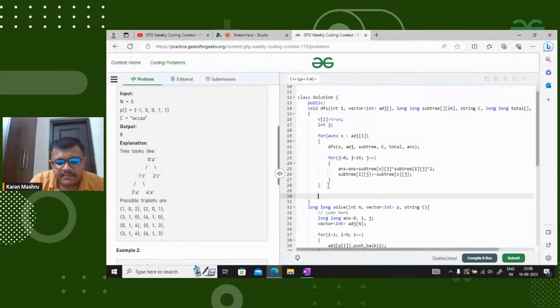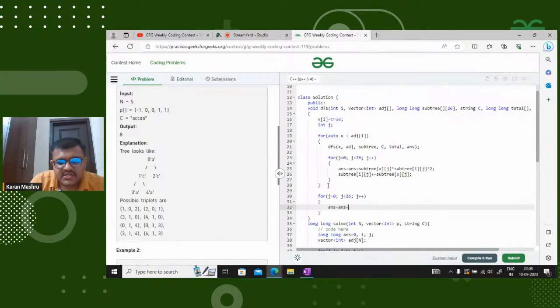So I can say for j equals to 0, j is less than 26, j plus plus, answer is equal to answer plus subtree of ij, that is the count of character j in the subtree of I, multiplied by the total count of character j minus the count of character j in the subtree represented by I. So one j character is in its subtree and another is in the remaining part of the tree.